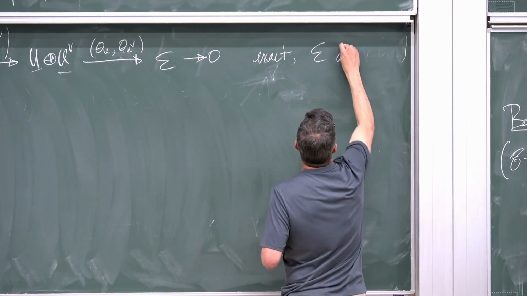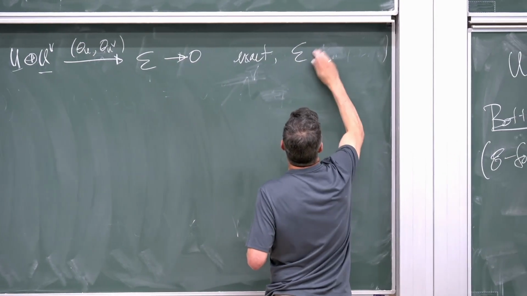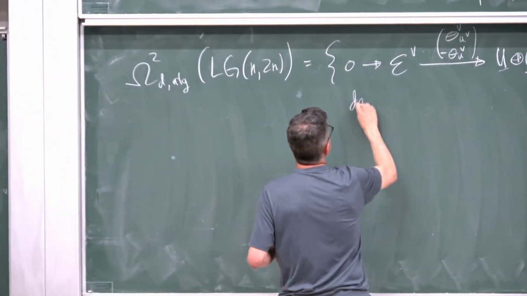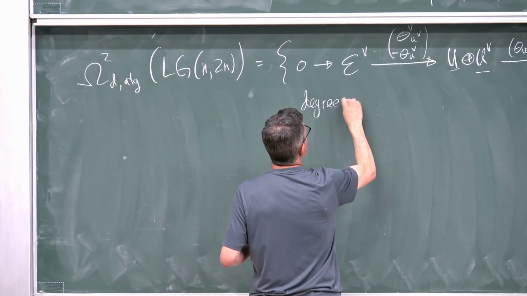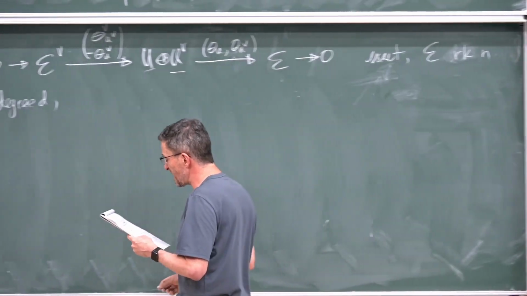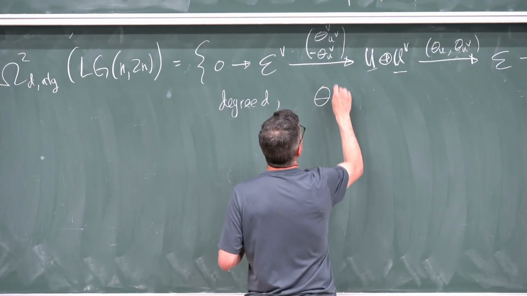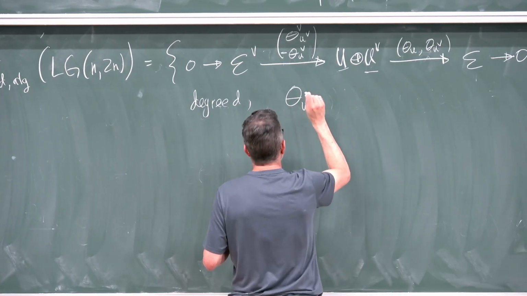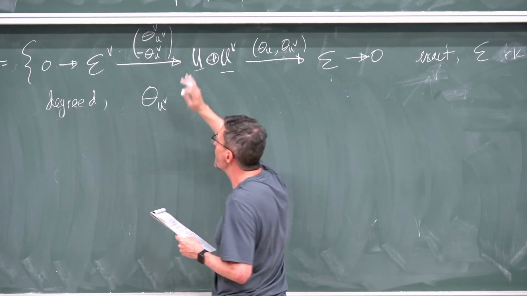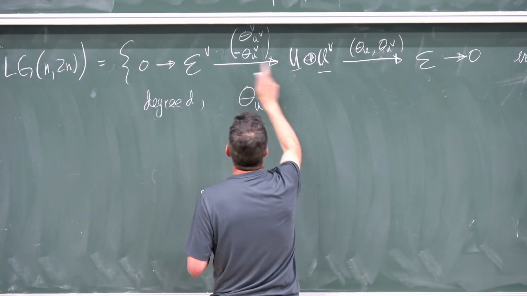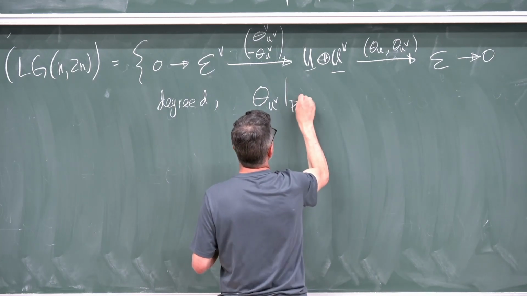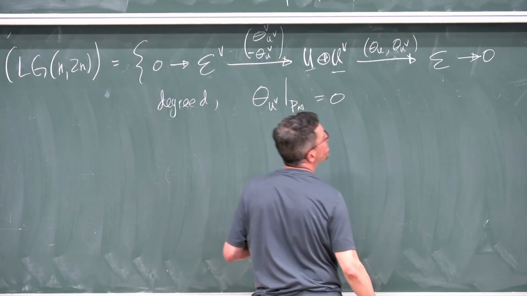E has rank n, degree d. And again, at infinity, this thing should be standard, so the base point, the standard Lagrangian inside that, will just be the copy of U, or the quotient to U. I guess the sub is the U in my convention. So this should be 0.